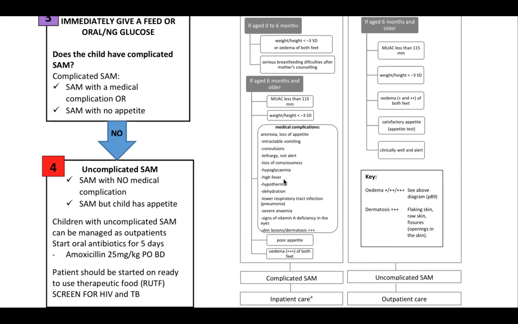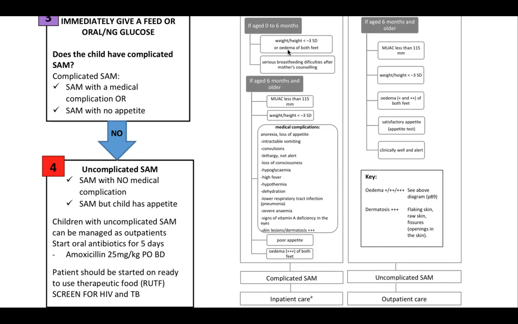Complicated SAM is SAM, severe acute malnutrition, with a medical complication, or SAM with no appetite. For patients with SAM, if the patient is less than 6 months old and has serious breastfeeding difficulties, this is also a medical complication.